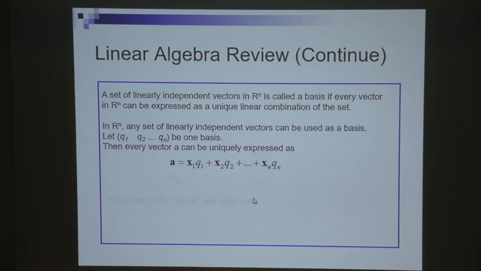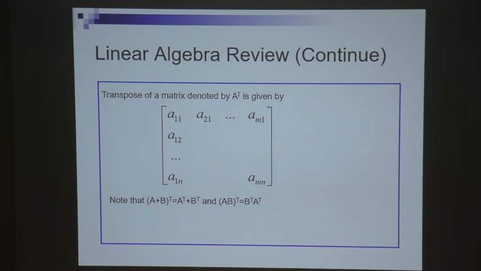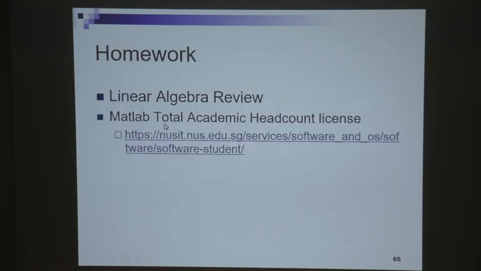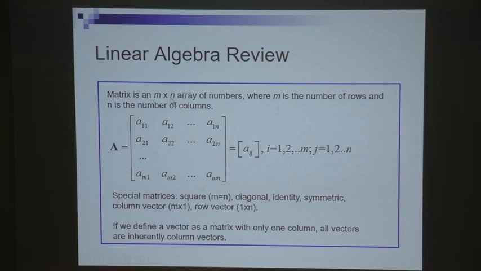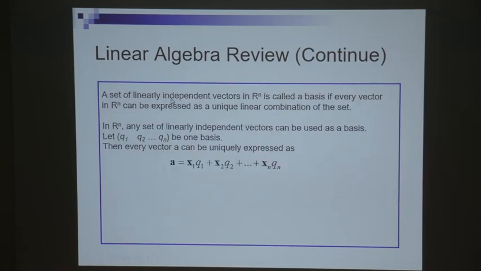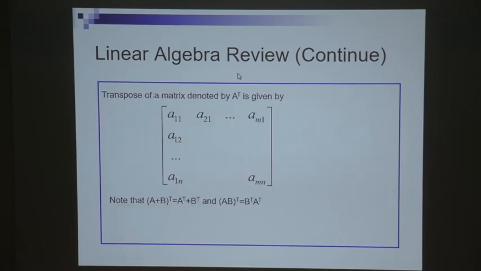So this is a revision. And then, of course, we talked about J transpose before the break. So what is a transpose? If I have an A, which is this, my A transpose will be equal to this: A11 to A1n, A11 to An1.